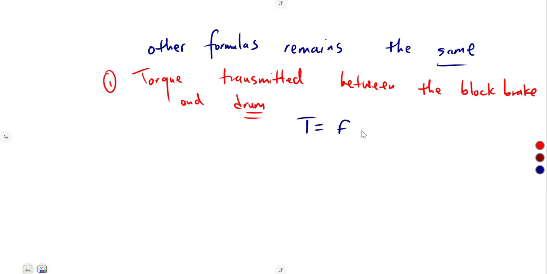So it's going to be frictional force times the radius of the drum. So we have got our torque transmitted between the block brake and drum in Newton meters. Frictional force, radius of drum in meters.